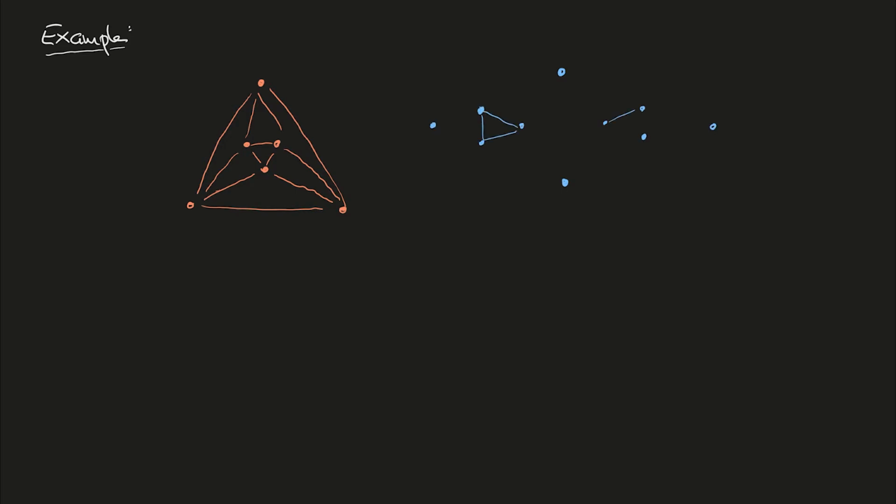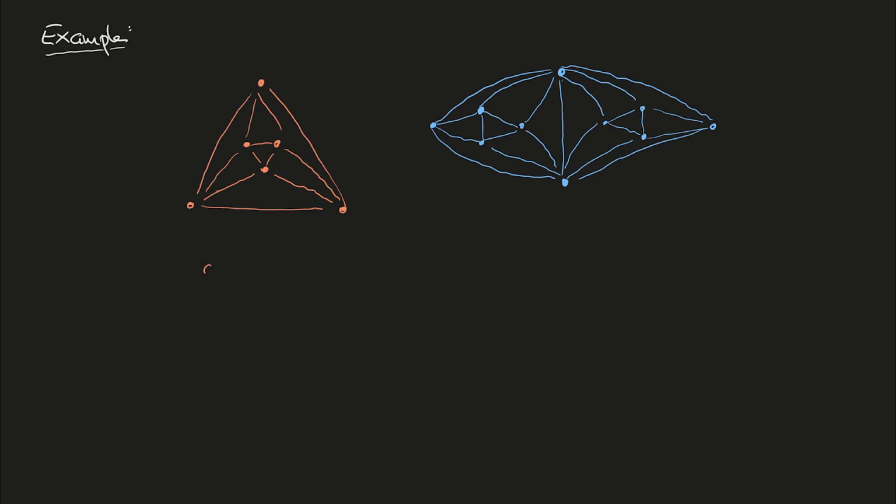For this, let's consider the following two graphs. All right, so we could call this graph here on the left an octahedron, because it's exactly the graph that we obtain if we look at the vertices of the octahedron as the vertices of our graph and the edges of the octahedron as the edges of our graph.